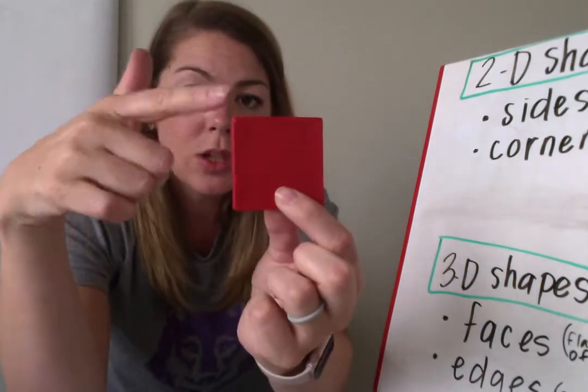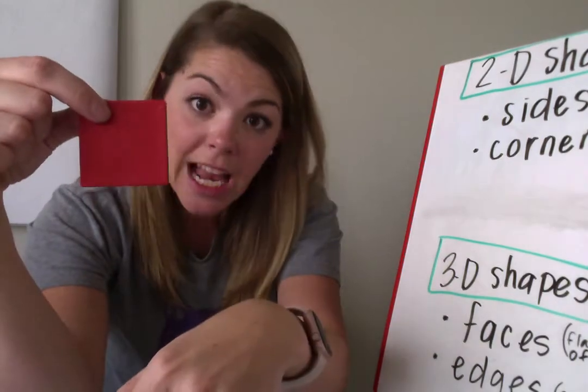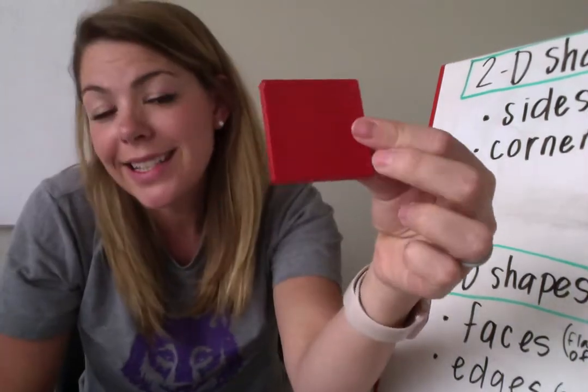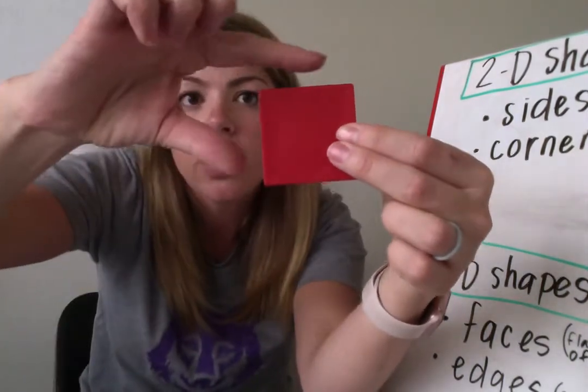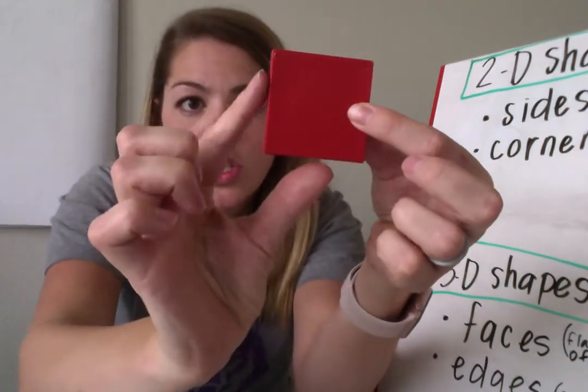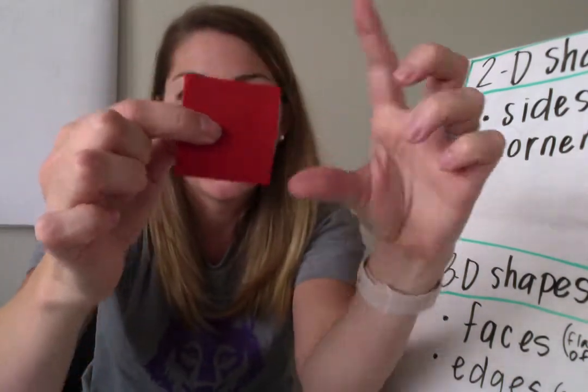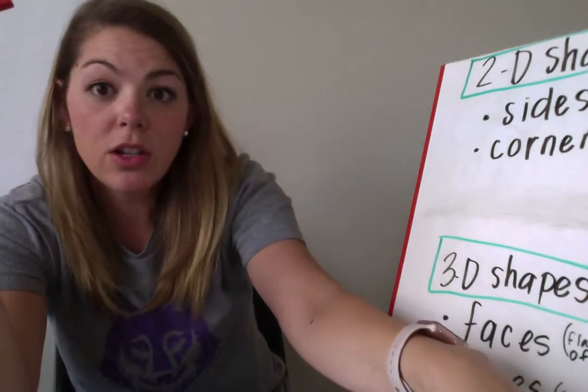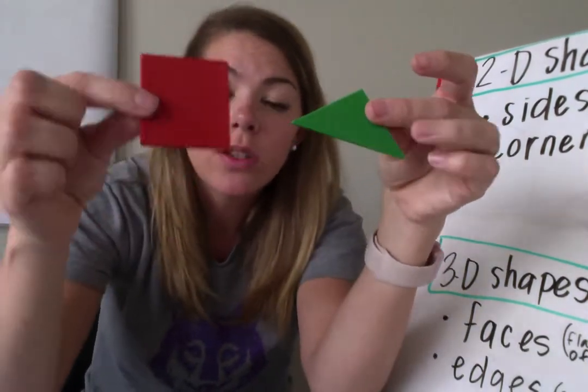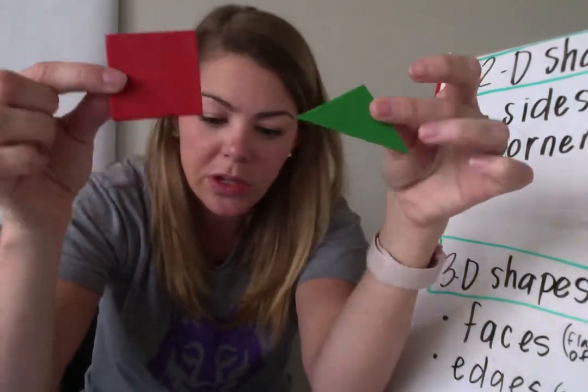So 1, 2, 3, 4 sides. Now, look at where the sides come together to form a corner. 1, 2, 3, 4. So triangle had three sides, three corners. Square has four sides, four corners.